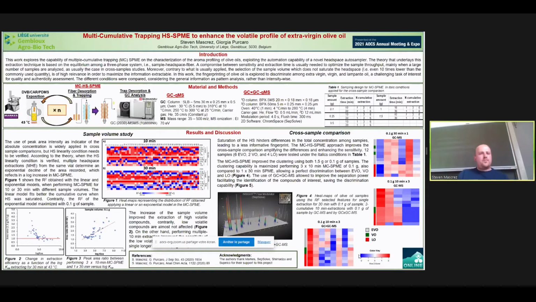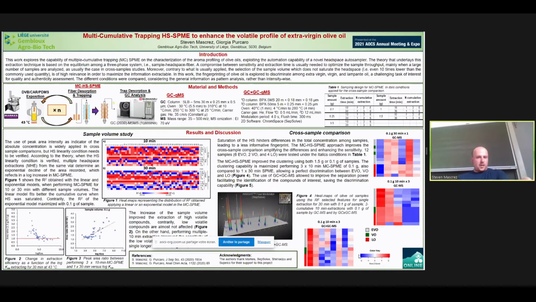The angle of our work was to work with different amounts of sample, because we can assume that the peak intensity is an indicator of the absolute concentration, and to quantify with SPME, we need to be in non-saturated headspace.